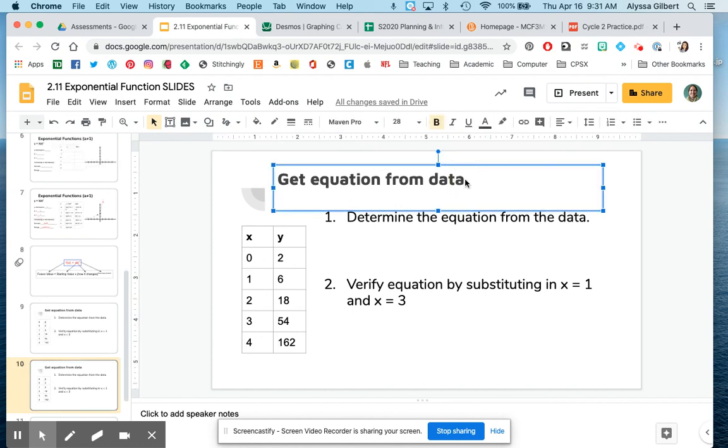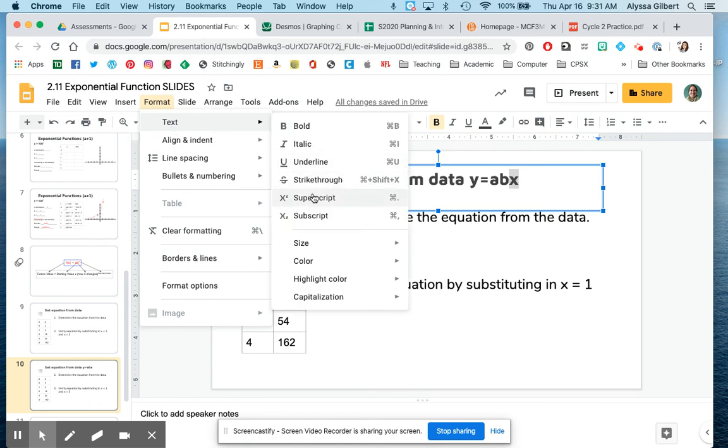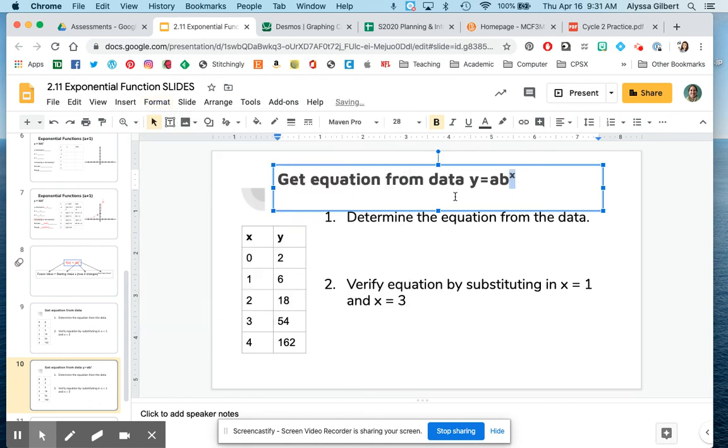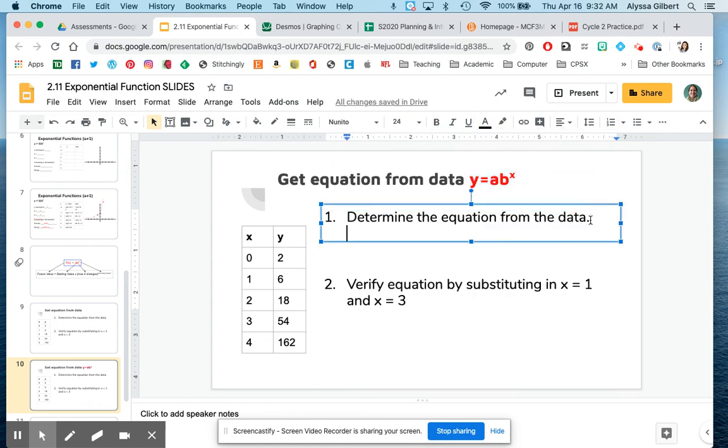So remember the equation is y or f of x equals a b to the x, right? Everything I do on this slide, I'll put in red so that you know what's new.